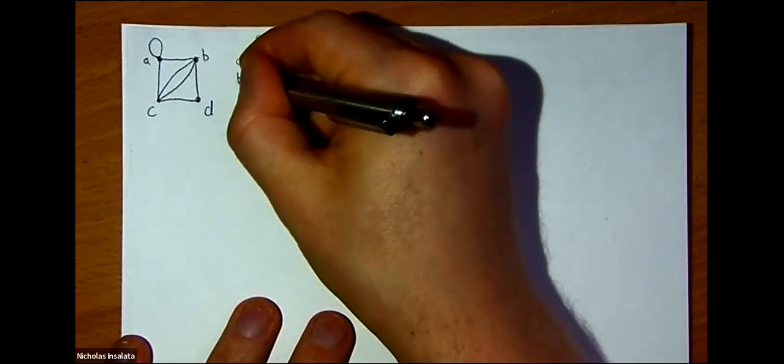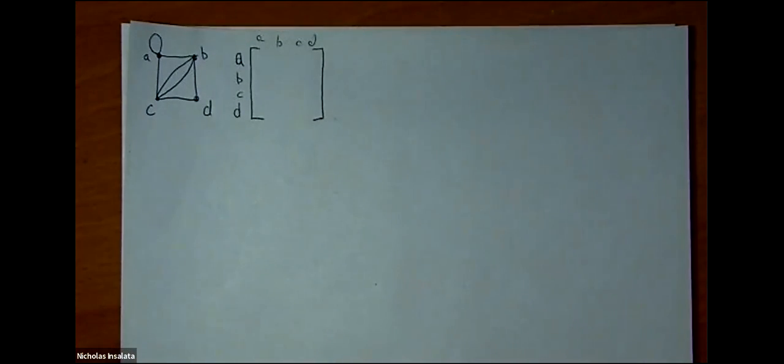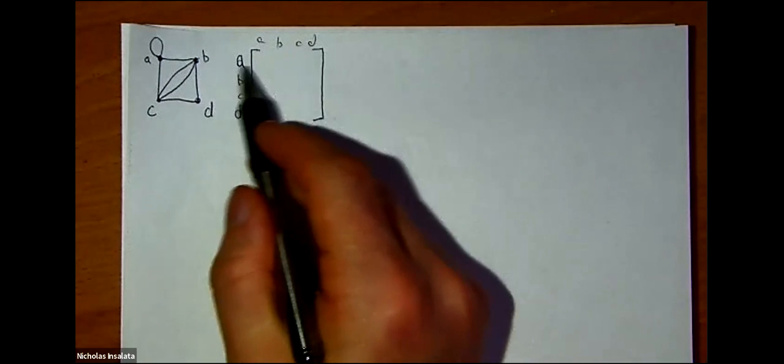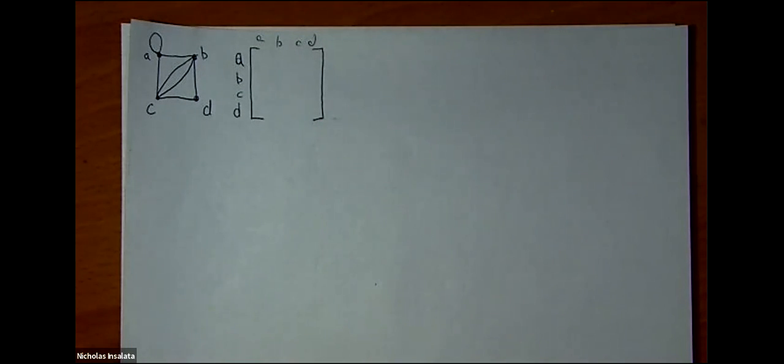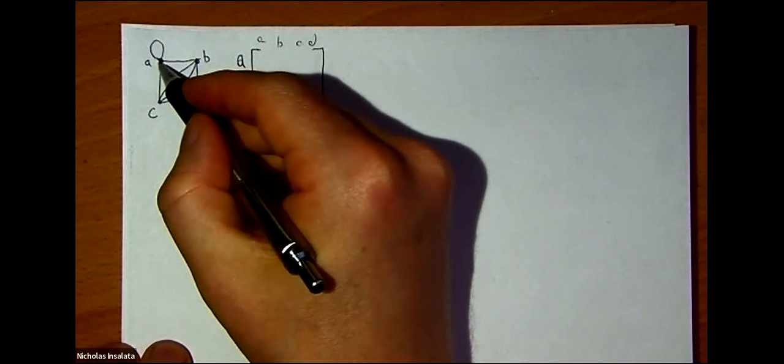So what's the first row going to look like? First row of our adjacency matrix. Actually 1, 1, 1, 0. So this only counts as one edge, even though it contributes 2 to the degree. This loop only counts as a single edge. Does that make sense, David?